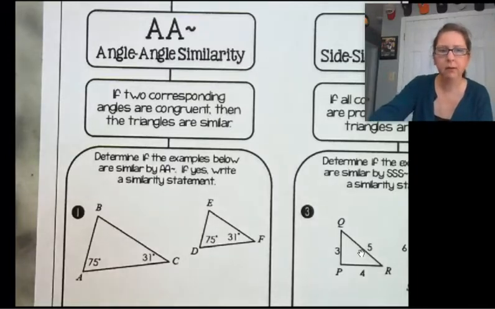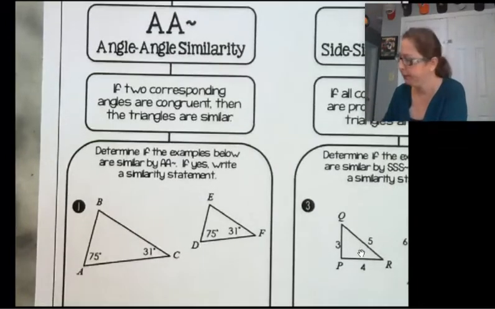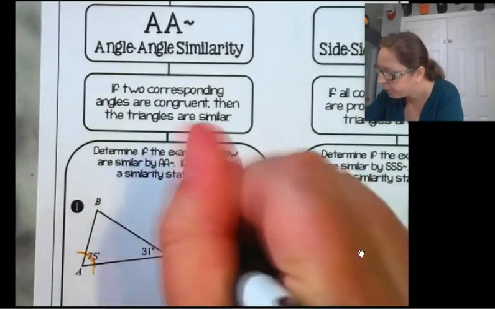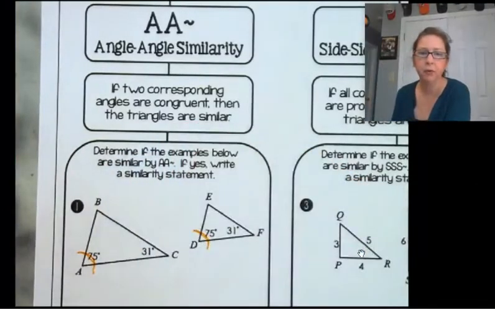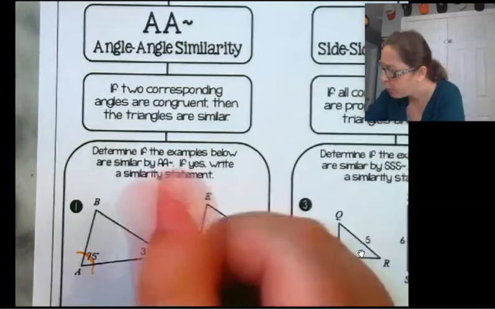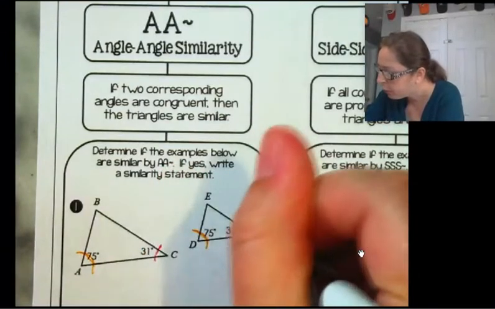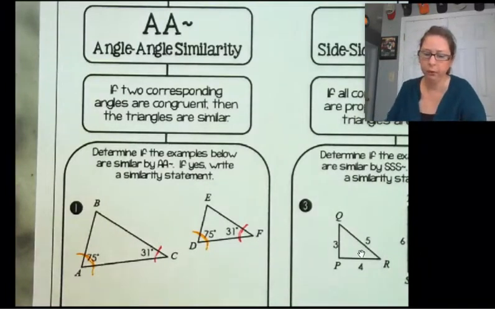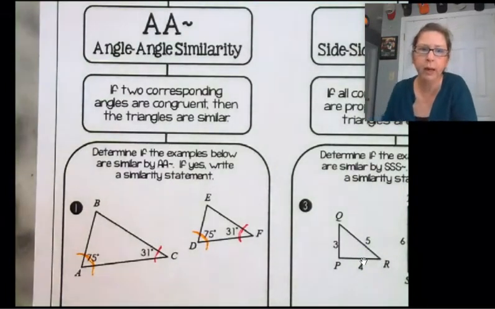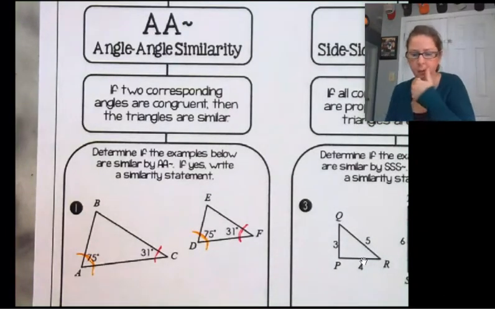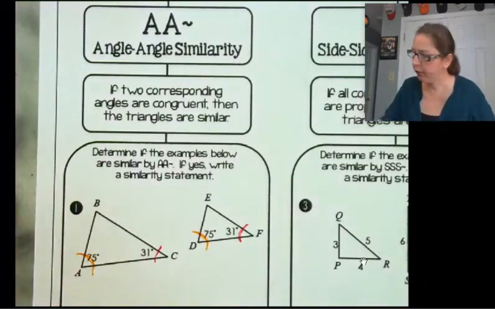So let's take a look at example 1. I have a 75-degree angle and a 75-degree angle, so those are congruent. And I have a 31-degree angle and a 31-degree angle, so these are definitely congruent. We just need to write, if yes, a similarity statement.